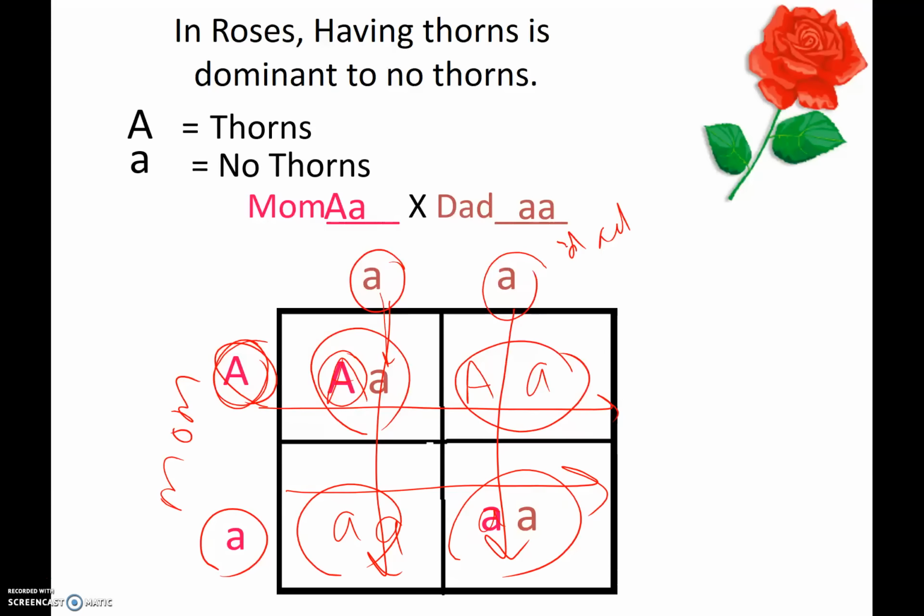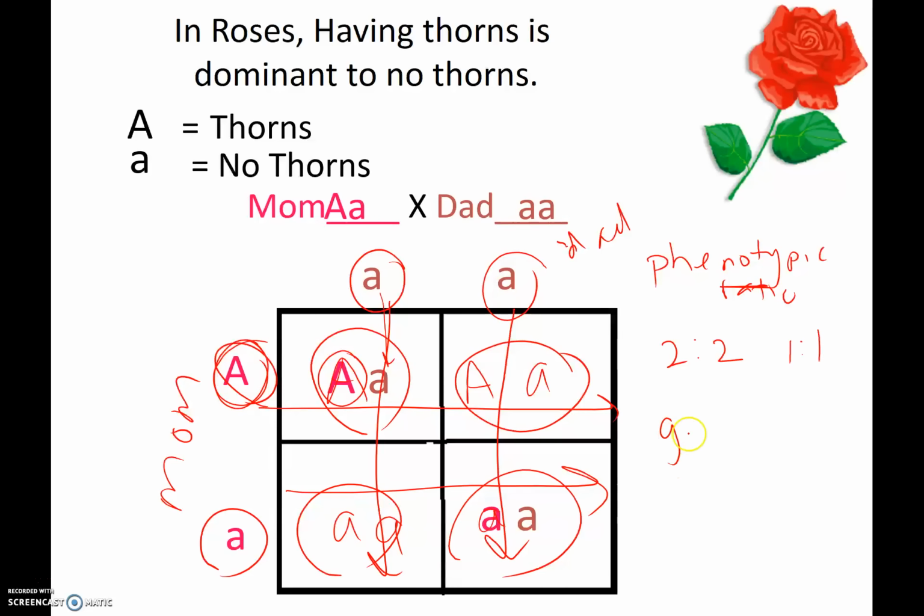So if I were to ask you, what is the phenotypic ratio, I would see that for every 2 offspring with thorns, I have 2 offspring with no thorns. So it's really like a 1-to-1 ratio, a 50-50 chance.